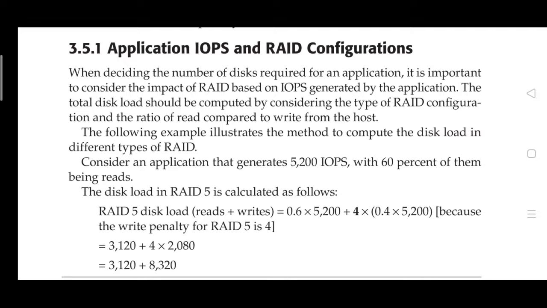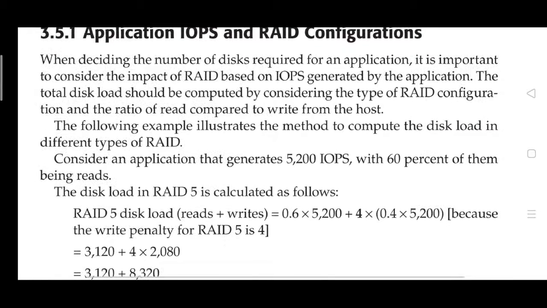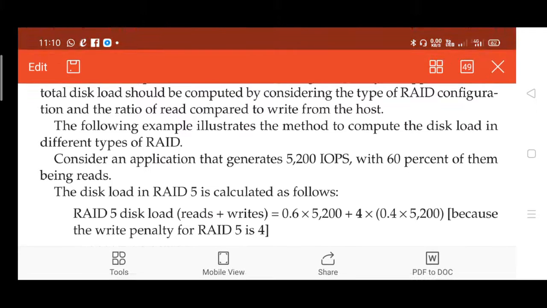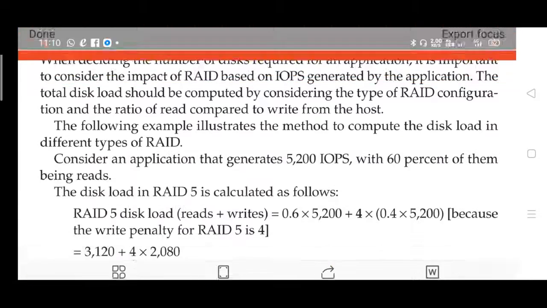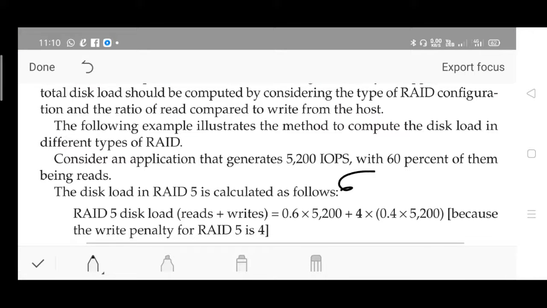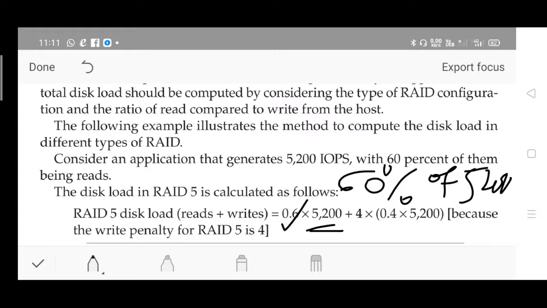So RAID 5 disk load is equal to, please try to understand, 0.6 stands for 60%, as I told you. This is 60% of 5200, that is 0.6 into 5200, that is 60 divided by 100 into 5200.